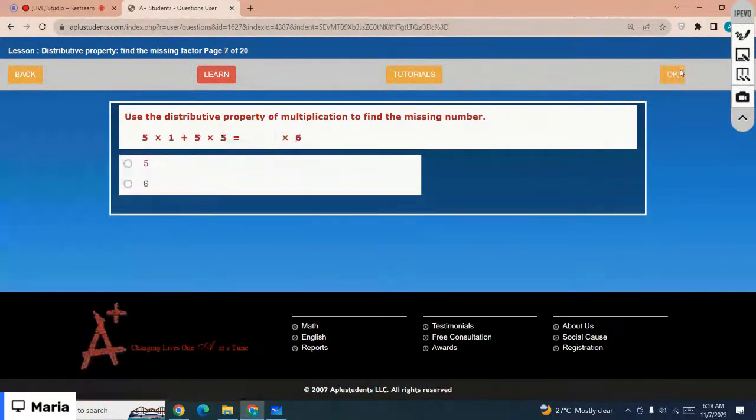Use the distributive property of multiplication to find the missing number. Which number is missing? 5 is missing.